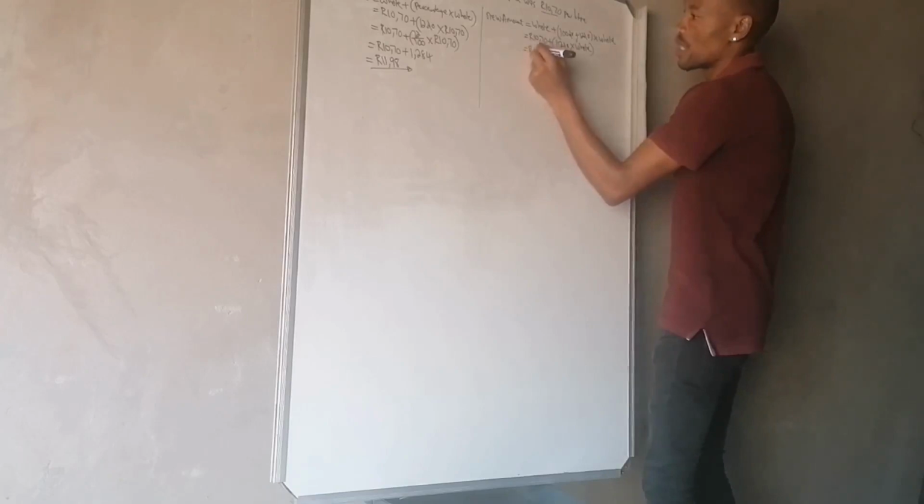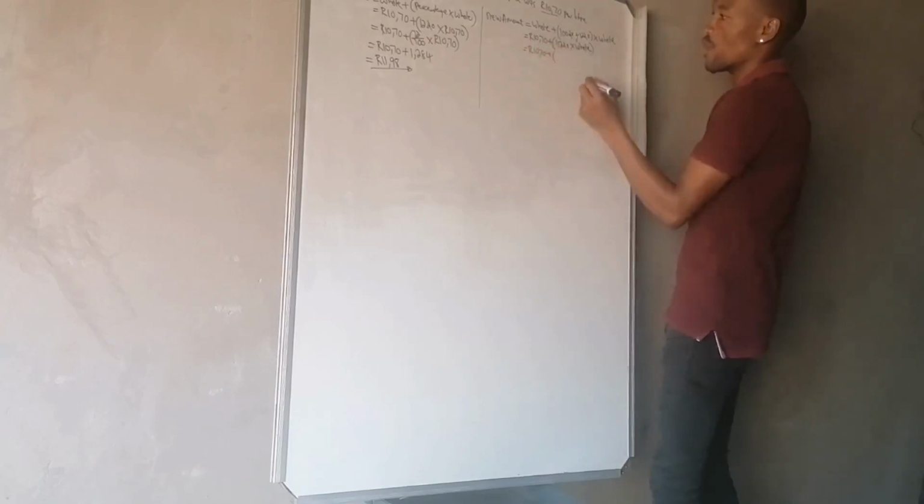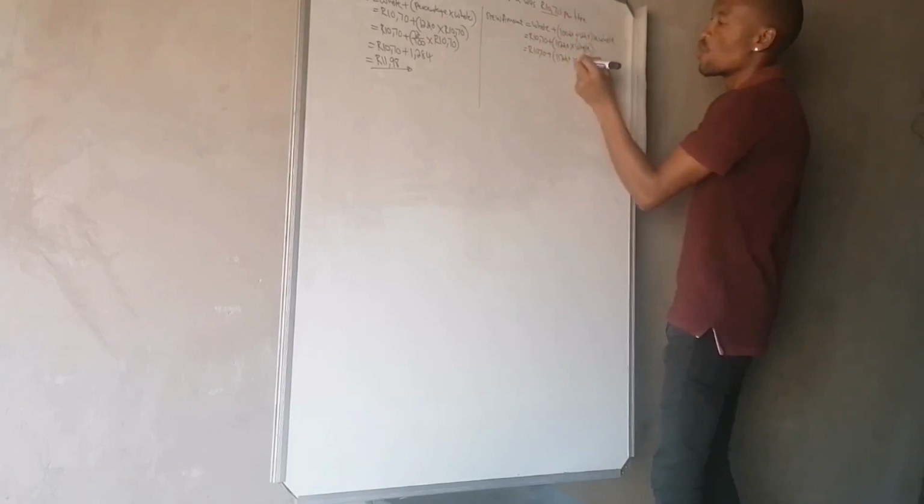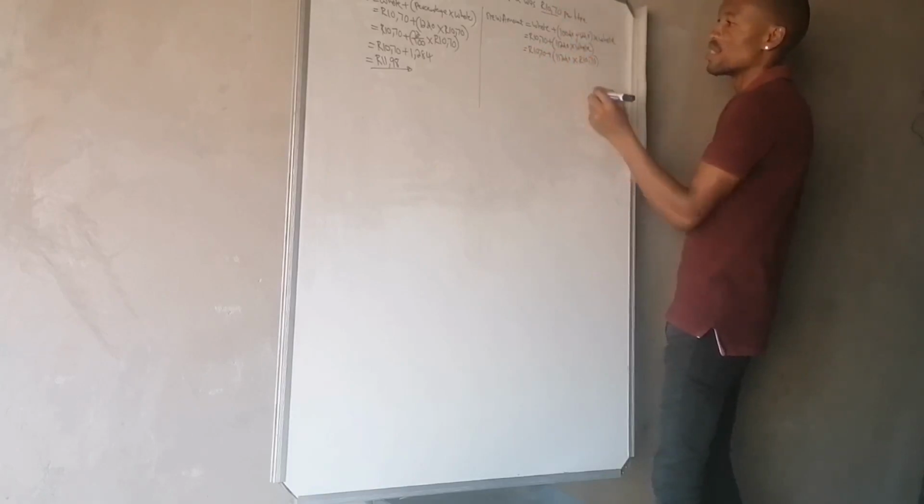And then let's check what value we will get. This is 112% multiplied by the whole, 10 rand 70.